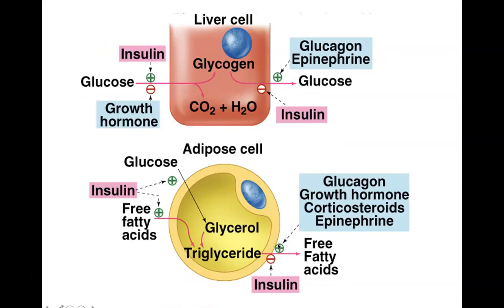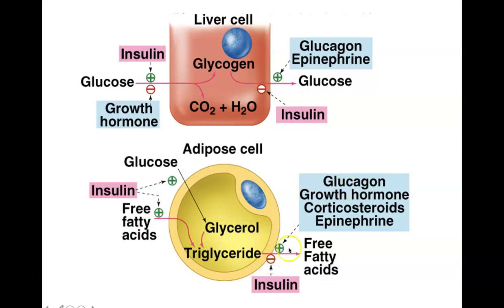Okay. So you'll recall some of these hormones from the endocrine chapter and from lab, that when you have glucose entering the bloodstream from a meal, you're going to have insulin released, okay? And that's going to cause storage of that glucose as glycogen in liver cells. In adipose tissue, that can happen as well. So insulin can promote glucose uptake and free fatty acid uptake into adipose tissue. And insulin is going to prevent the breakdown.